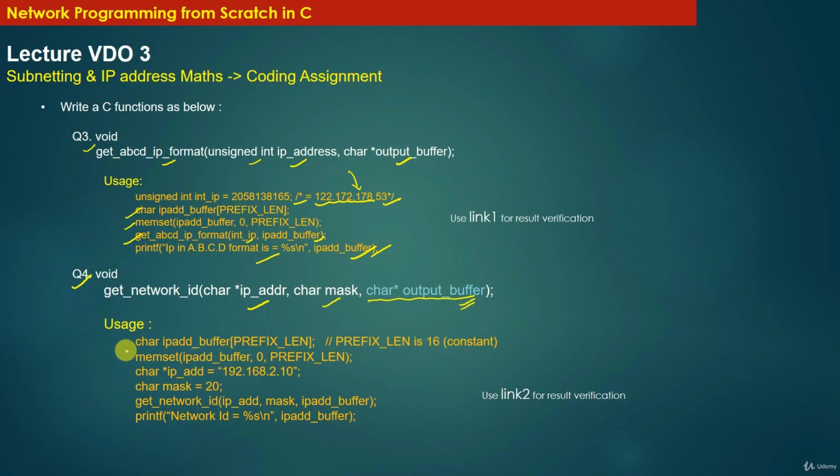Take the empty buffer, then take the input IP address, take the mask value, call the function, and the network ID should be returned in the output buffer. Just print that buffer. So this function should compute the network ID from the IP address and mask value combination. Of course, you can use link 2 to verify your result.